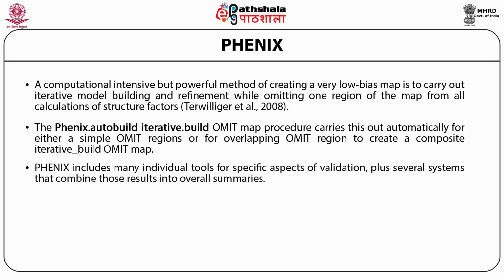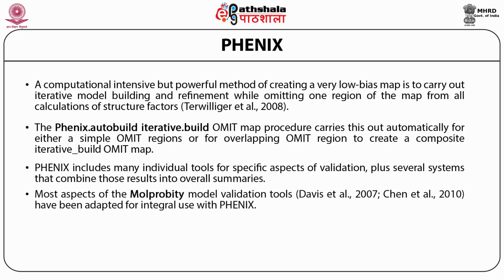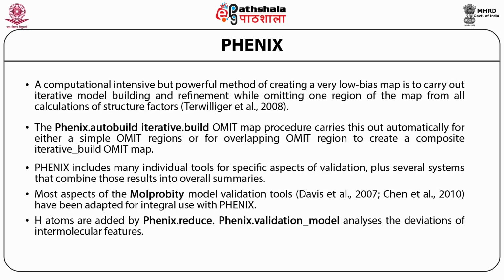The Phenix suite includes many individual tools for specific aspects of validation plus several systems that combine those results into overall summaries. Most aspects of MolProbity model validation tools have been adapted for integral use with Phenix. Hydrogen atoms are added by Phenix.reduce.